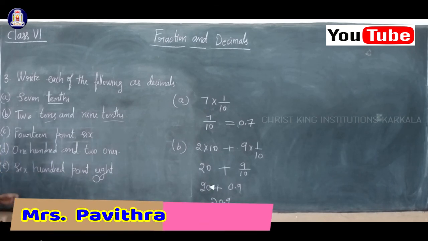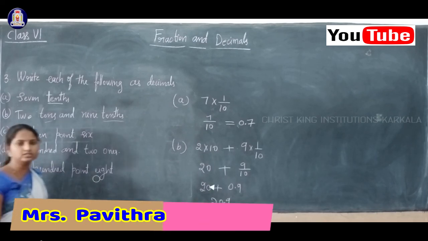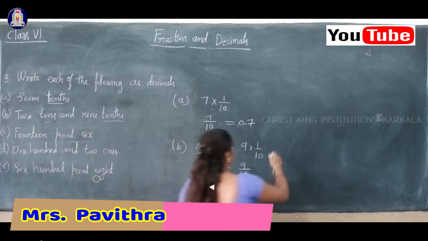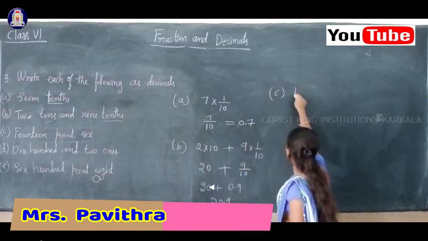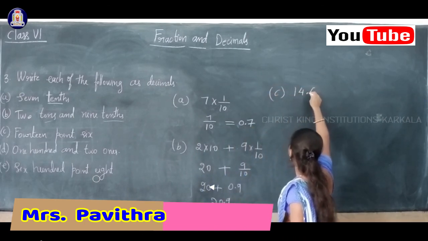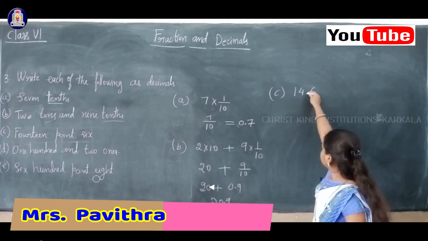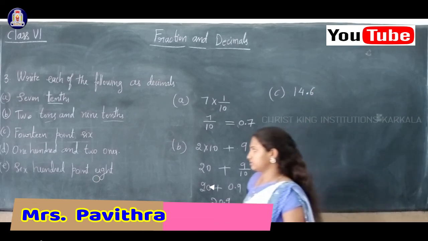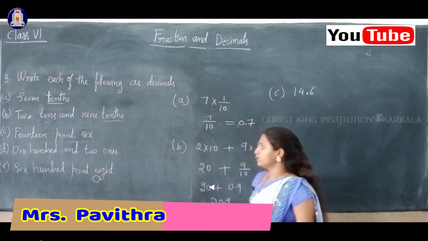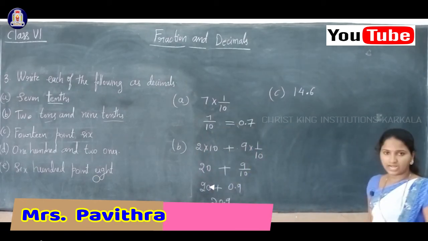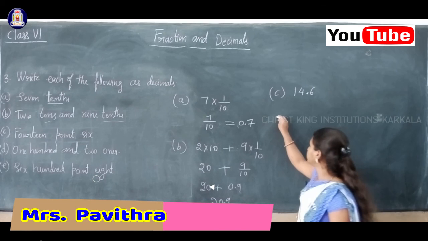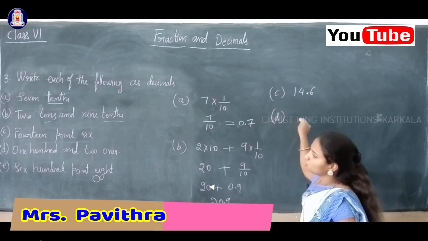Understood? So the third one is 14.6. How do we write this in decimal? 14, here you must write the point, next 6, so 14.6. D, 102 ones, that is 1 hundred and 2 ones.